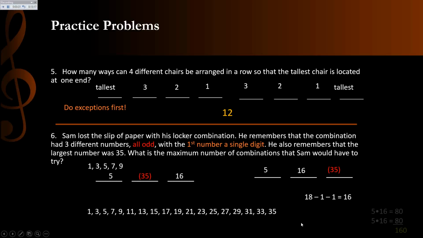But when I do that, I've come up with 2 sets of numbers. So when I multiply 5 times 16, I get 80 if my 35 was the middle number. And if my 35 were the last number, I would still have 5 times 16, which is 80, which means now I have to add those 2 and I would get 160 total combinations.